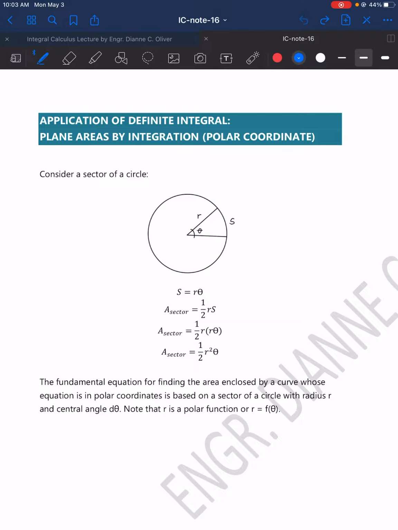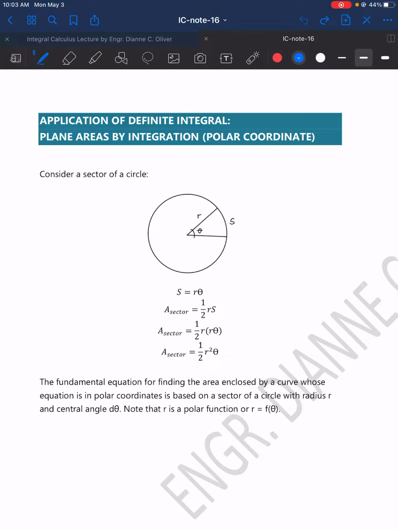So this pizza here. To get the arc length S, we have the formula S is equal to the radius multiplied with the angle here, the angle inside the pizza. For the area of that sector, it is 1/2 of the radius times the arc length.